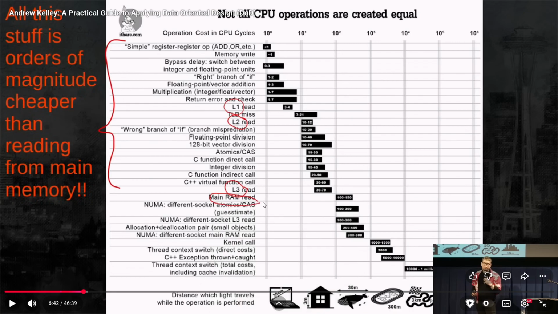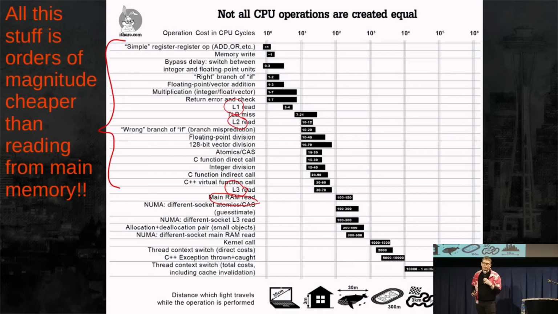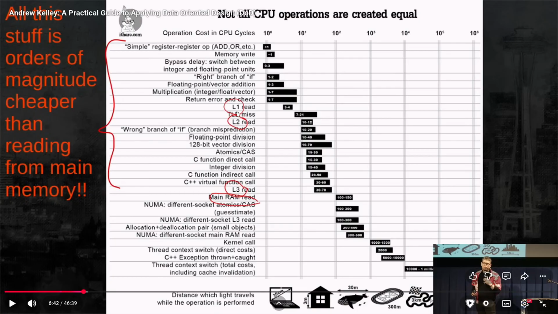So instead of referencing already existent code data, which is probably already in your cache, you are making a new allocation somewhere random in heap, and then putting your data inside that, which when you read that data, it'll take 100 to 150 cycles, which is very slow.